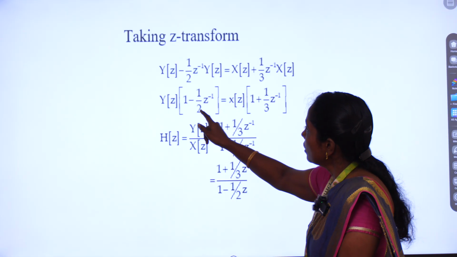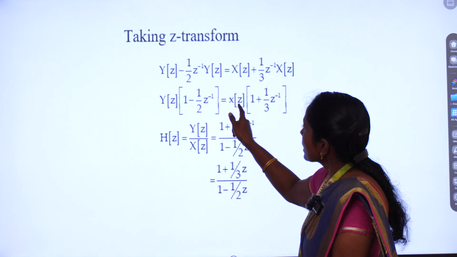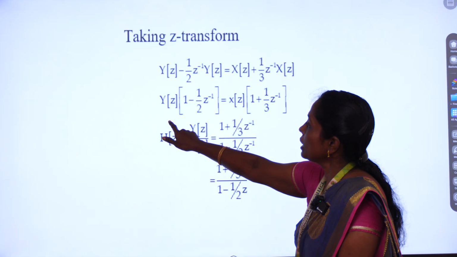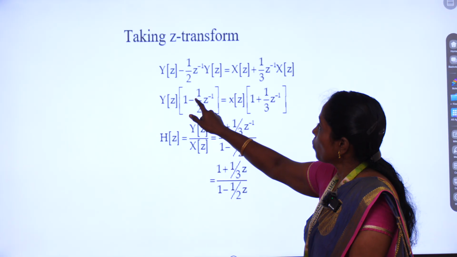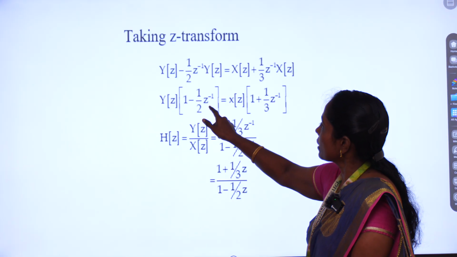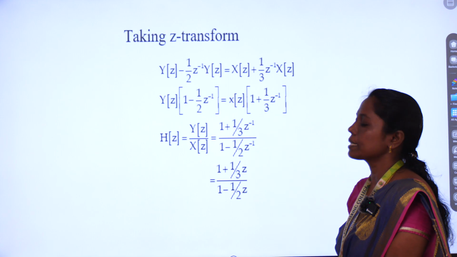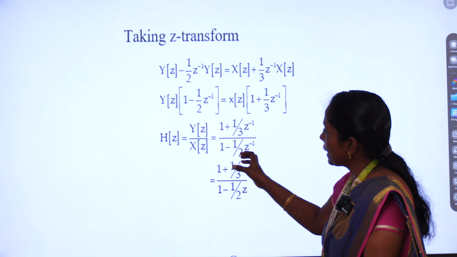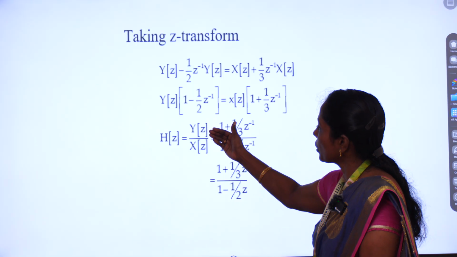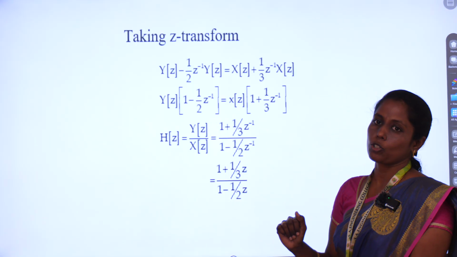What you will be getting is that X of z will come over to the other side of the equation. Likewise, 1 minus 1 by 2 z inverse will come to the other side of the equation. So now we have obtained the equation as Y of z divided by X of z.